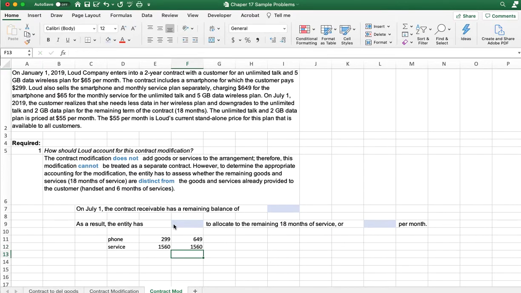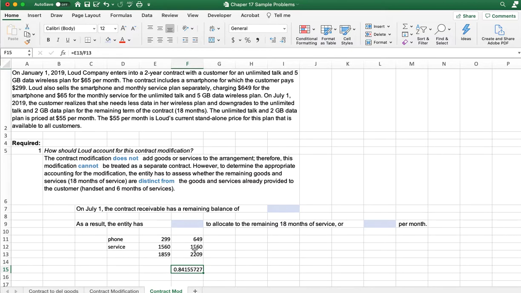So it'll be that same $1,560. And let's add these together. And so we have a total price of $1,859 over the contract that would have been $2,209. And so down here, I'm going to divide our $1,859 divided by our $2,209 for roughly 84%.